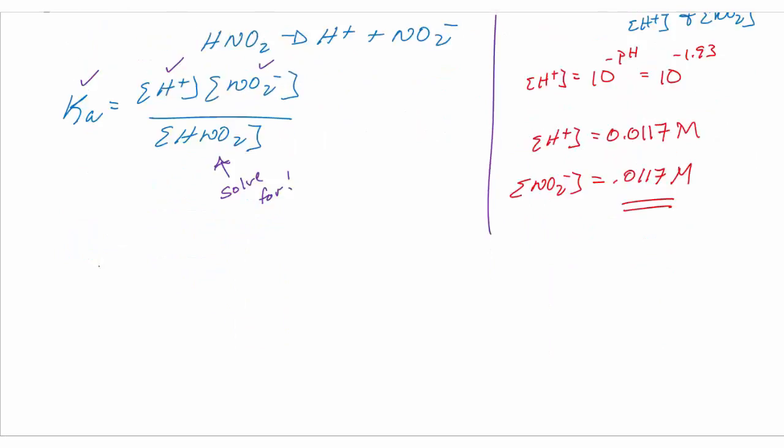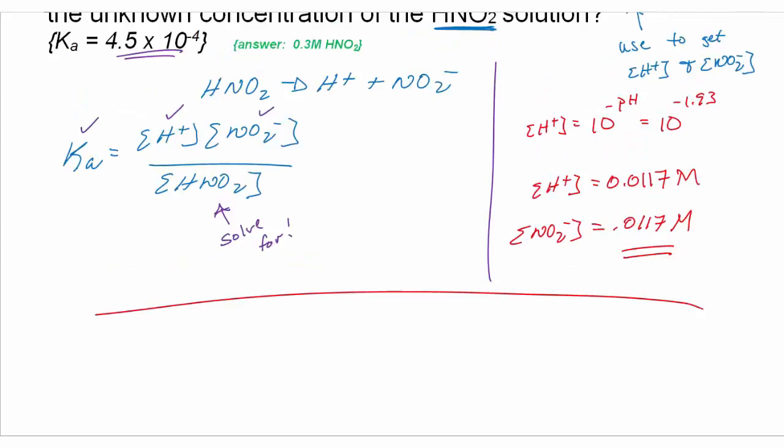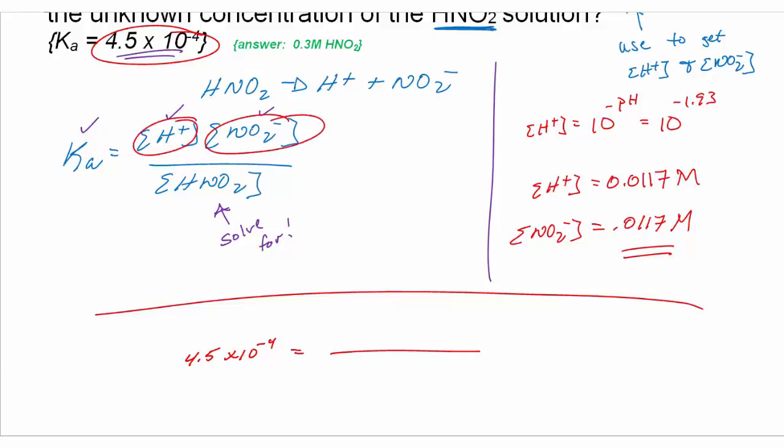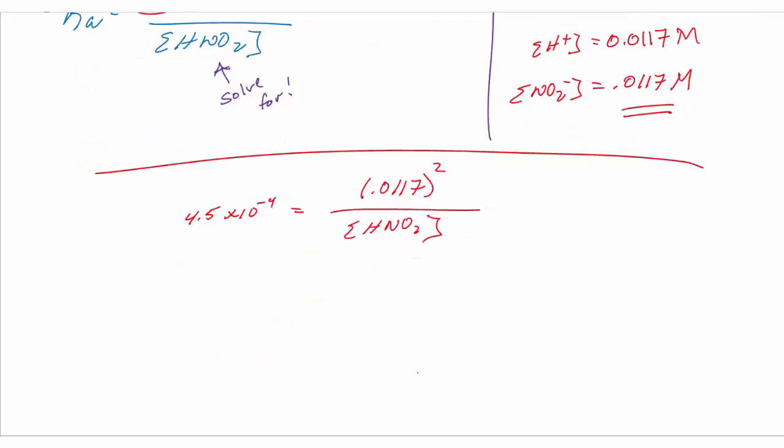What did we say the Ka was? We said it was 4.5 times 10 to the negative 4. So 4.5 times 10 to the negative 4 has to equal hydrogen ion times NO2 minus, but we said they're both 0.0117. So I'm just going to square it, divided by what I'm looking for, my unknown concentration of the conjugate acid. So how are you going to solve for it? Remember the diagonal.